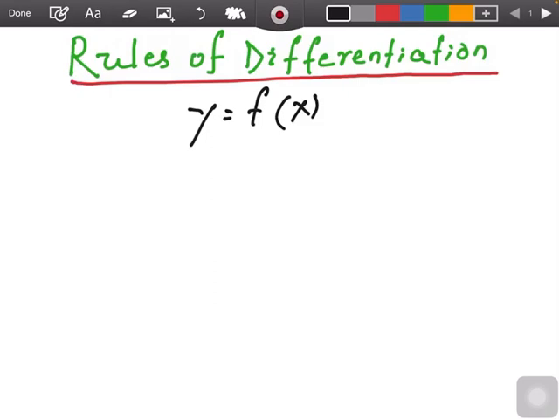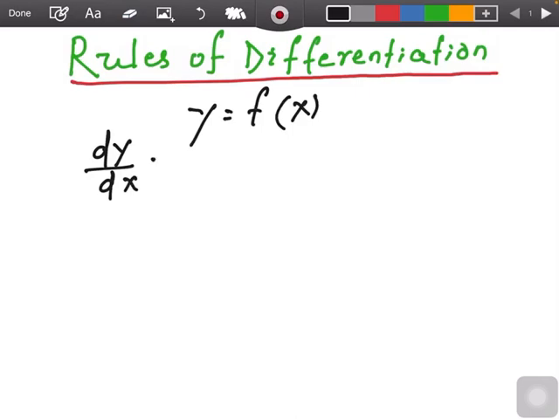So in case of derivative, we are calculating the change of y with respect to the change in x. That is symbolically written as dy by dx, the rate of change of y with respect to the change in x.